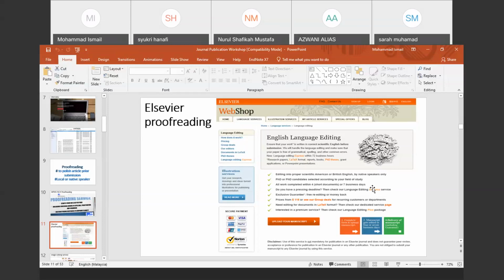Her work was just to proofread manuscripts, grants, and proposals. Even native speakers send their work to be proofread. Maybe someone asks me, you graduated from Australia, from a native speaker university, but it's different. For a high impact journal, a very good journal, you have to send your manuscript to be proofread.